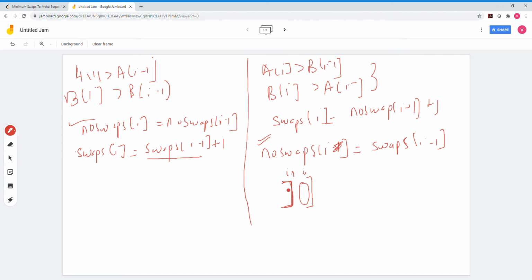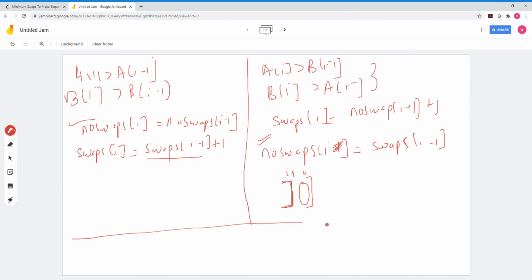If you swap here, it will also be increasing until here. And if you swap over here and it is becoming increasing until here, that's nothing but swaps of i minus 1. There's no extra cost here as we are not swapping here. Therefore, no swaps of i is same as swaps of i minus 1. I think I made it sufficiently clear now and summarized the problem to you.